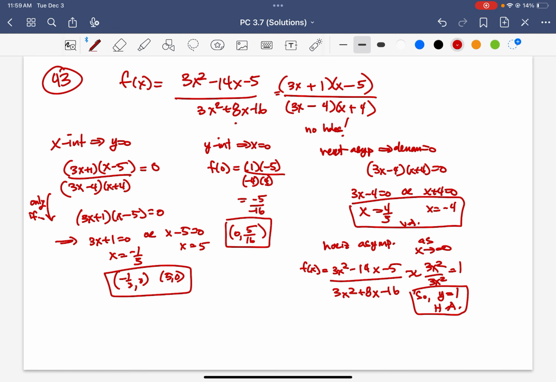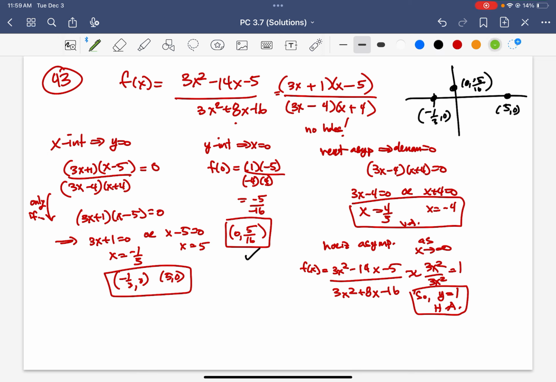So we should be able to put all that together to draw a pretty picture. So first, I've got (0, 5/16) right there. I've got (-1/3, 0) and (5, 0) as my only zeros that you ever see, right?